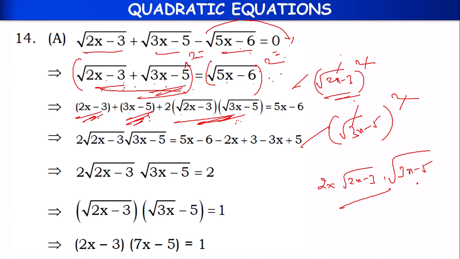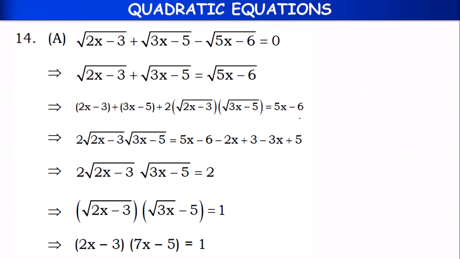That is the LHS part. On the RHS part, square root and square get cancelled, so 5x minus 6 will remain. Now this first part will come to the RHS, and this second term also will come to the RHS. Only the third term will remain on the LHS side.